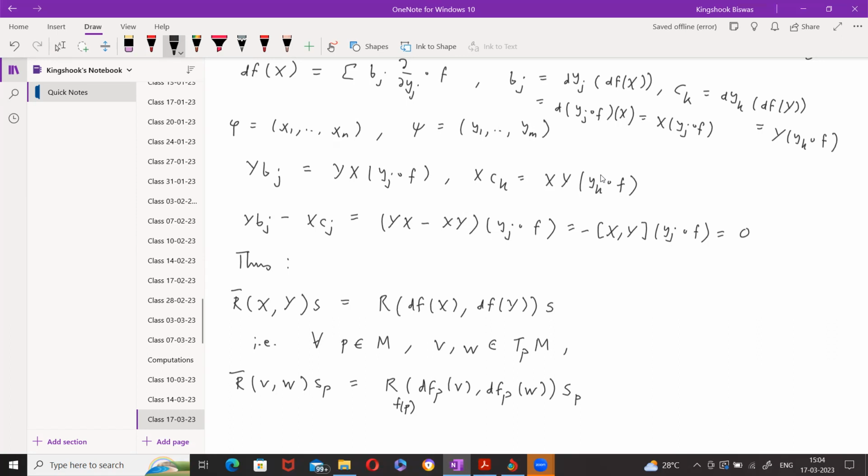s at p is an element of the fiber of E at f(p), right? Is this clear? So the whole thing gives you an element of E at f(p).